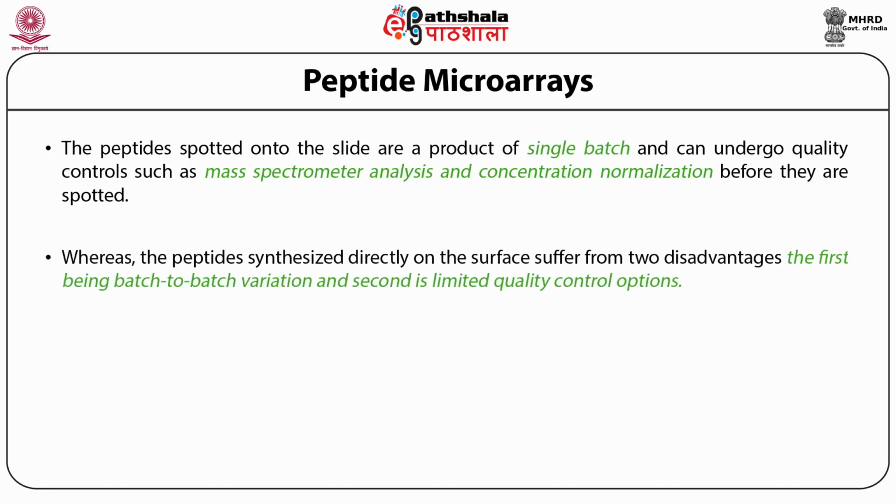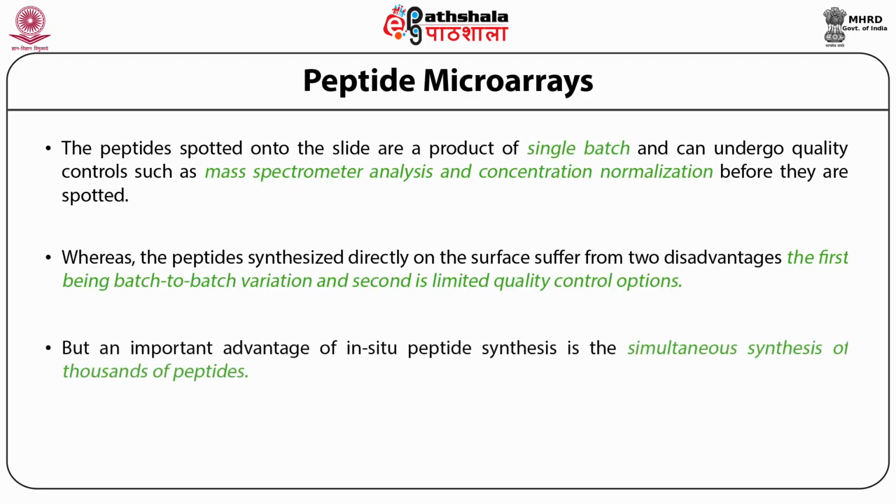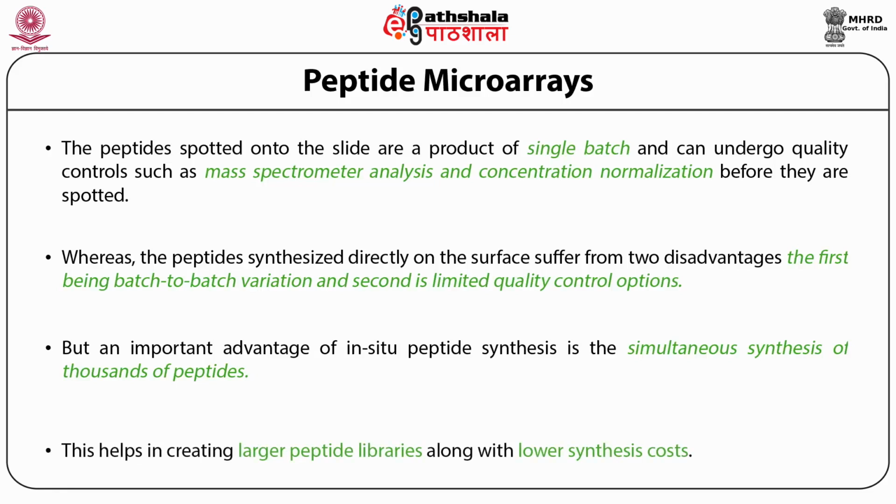The first being batch-to-batch variation and second is limited quality control options. But an important advantage of in situ peptide synthesis is the simultaneous synthesis of thousands of peptides. This helps in creating larger peptide libraries along with lower synthesis costs.